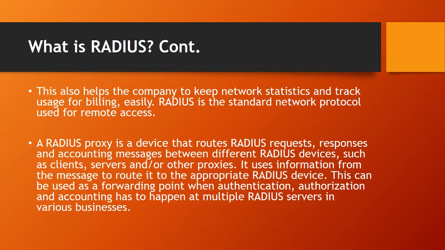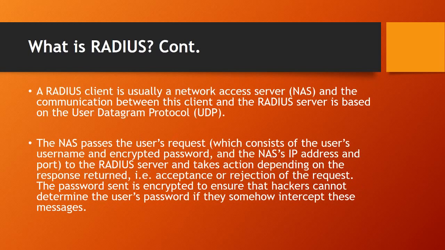A RADIUS client is usually a network access server, NAS, and the communication between this client and the RADIUS server is based on the User Datagram Protocol, or UDP. The NAS passes the user's request, which consists of the user's username and encrypted password, and the NAS IP address and port to the RADIUS server, and takes action depending on the response returned, that is, the acceptance or rejection of the request.